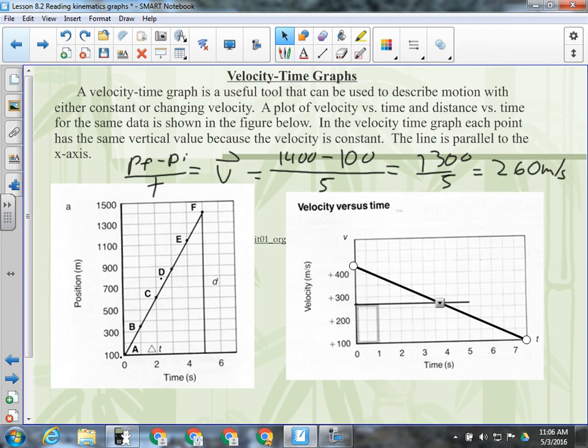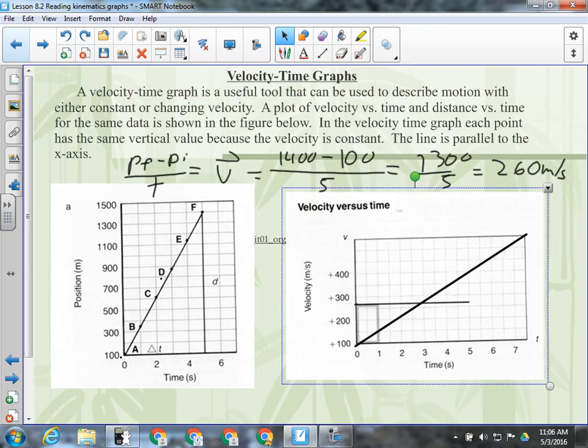Okay, so let's say that we've got this graph, and it asks me, calculate the acceleration of the object over the whole trip.